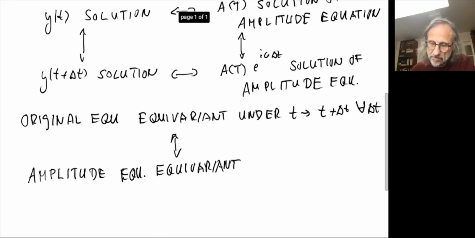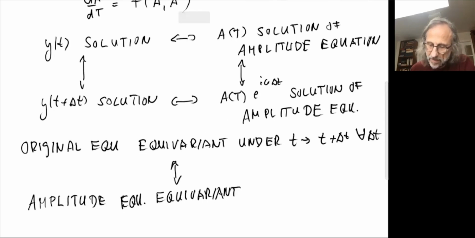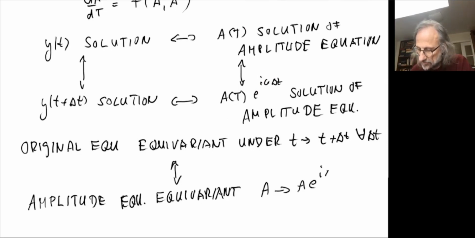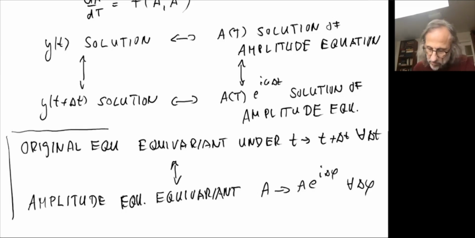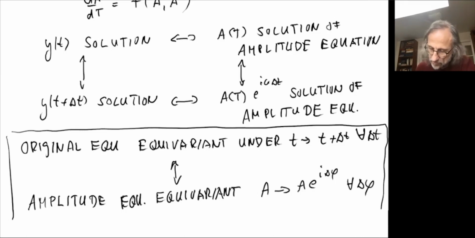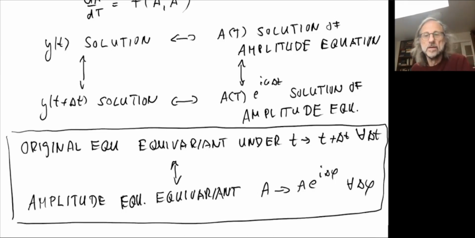It's this transformation from A to A times a phase shift. It's under this transformation A going to A times e to the i delta phi for arbitrary delta phi. So that's what we conclude from this argument.